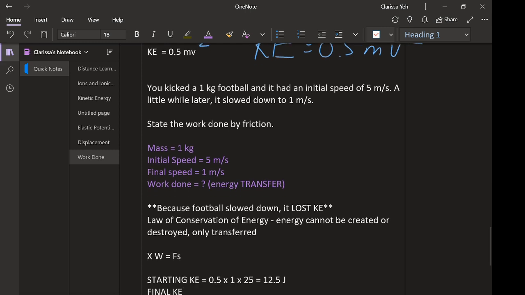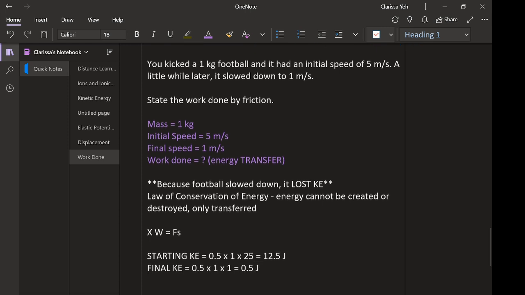The final kinetic energy was, once again, 0.5 times a mass of 1 times final speed 1 squared. 1 squared is just 1. And that is 0.5 joules. So its starting kinetic energy was 12.5 joules. Its final kinetic energy was 0.5 joules.